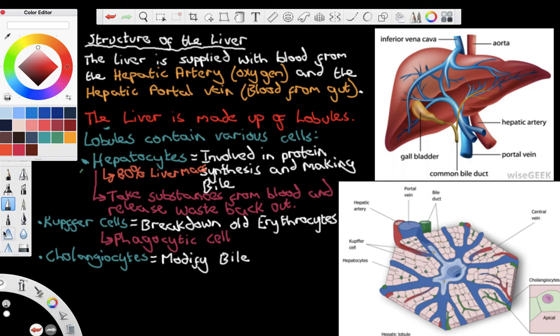And finally, they're not cells, but we need to know about what's called a sinusoid. The liver doesn't have its own capillaries. These are replaced by gaps between cells known as sinusoids.